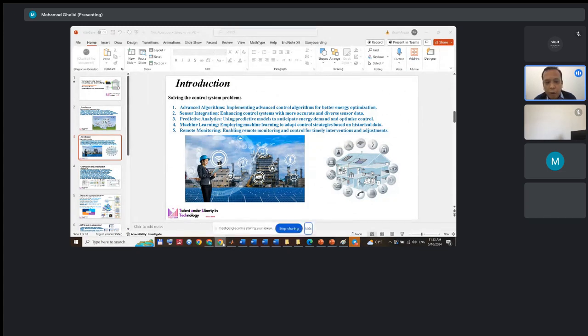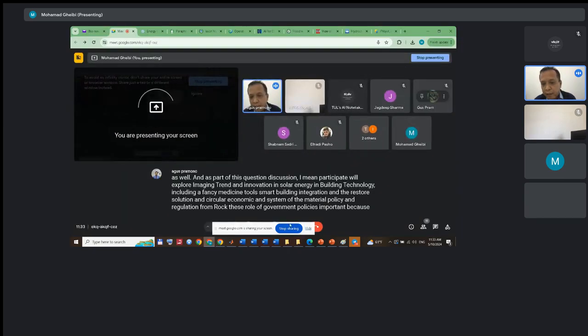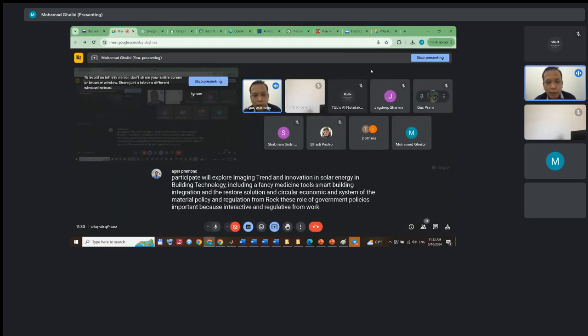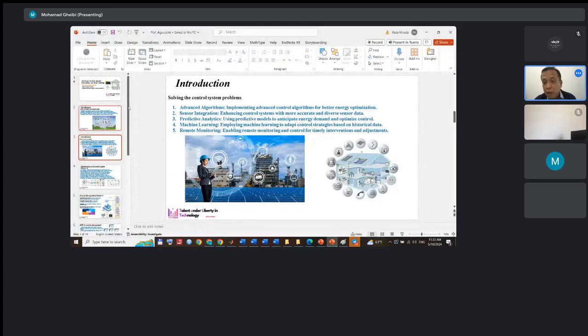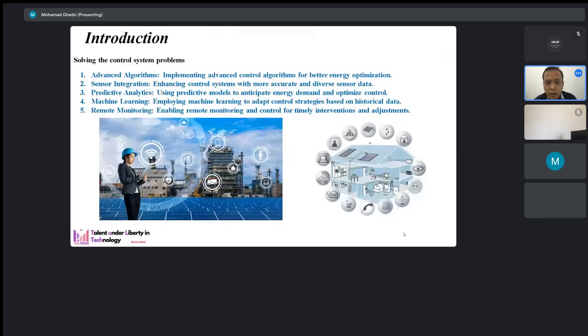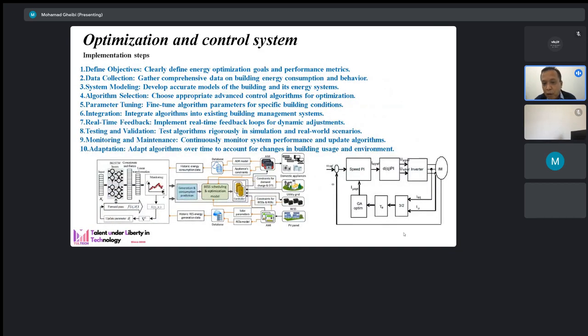The role of government policy is important, because incentives and regulatory frameworks promote the adoption of solar energy systems and green building. This includes updating building codes and sustainability mandates to accelerate the transition to a low-carbon built environment.